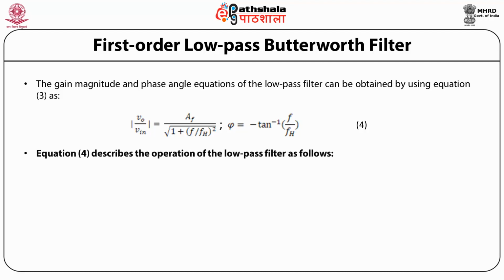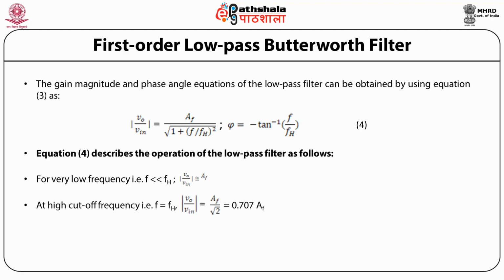The above equation describes the operation of the low pass filter as follows. First, for very low frequency, that is f much less than fH, |V0/Vin| is approximately equal to AF.